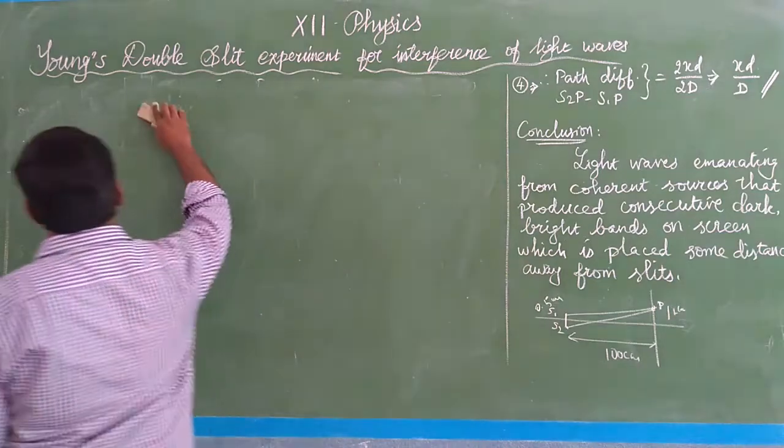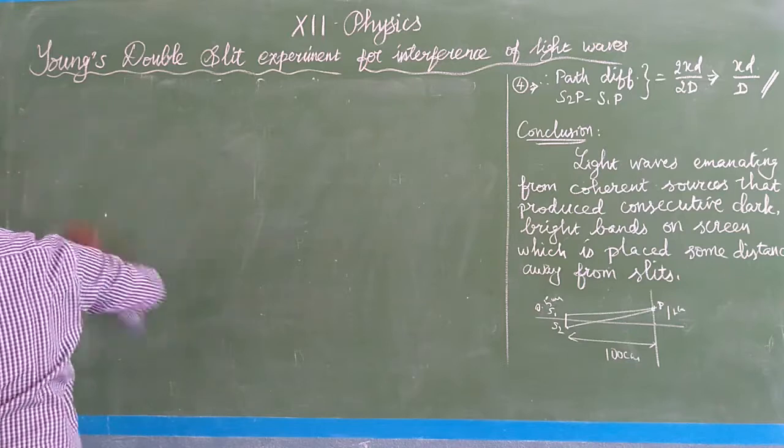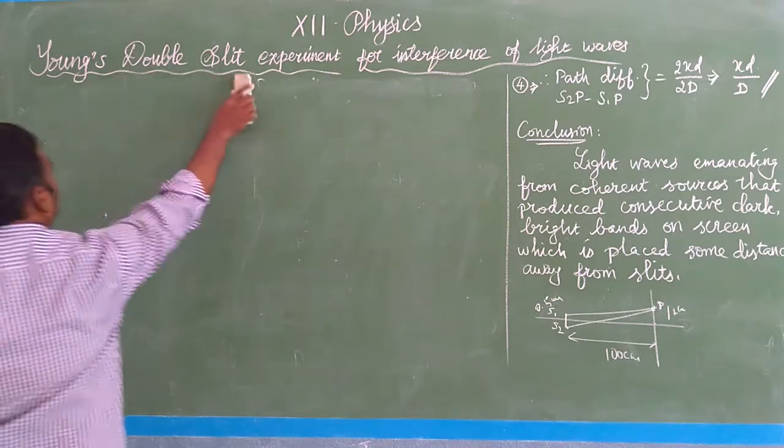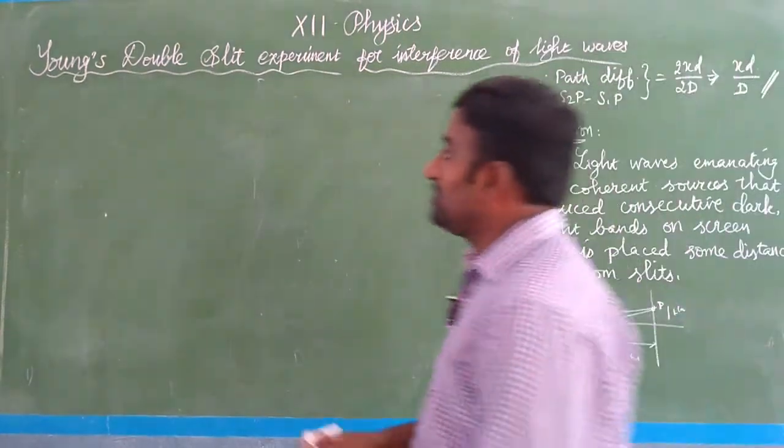So, what is the fringe pattern? Just now I said the alternate dark bands and bright bands are called the fringe pattern.